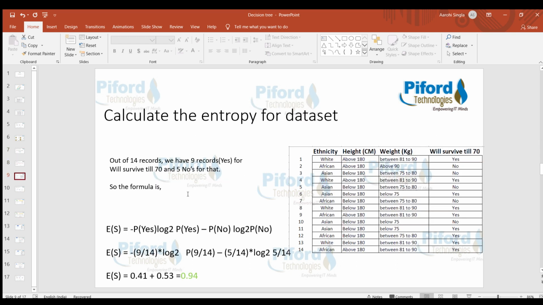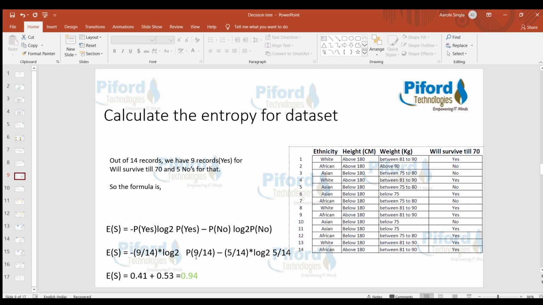So let's apply the formula on it. Over here, will survive till 70 has two kinds of records, yes and no. So how many yeses and how many no's are there? If you count, you'll get 9 yeses and 5 no's. So probability of yes is 9 by 14, because 9 yeses are there and total records are 14 in this column.